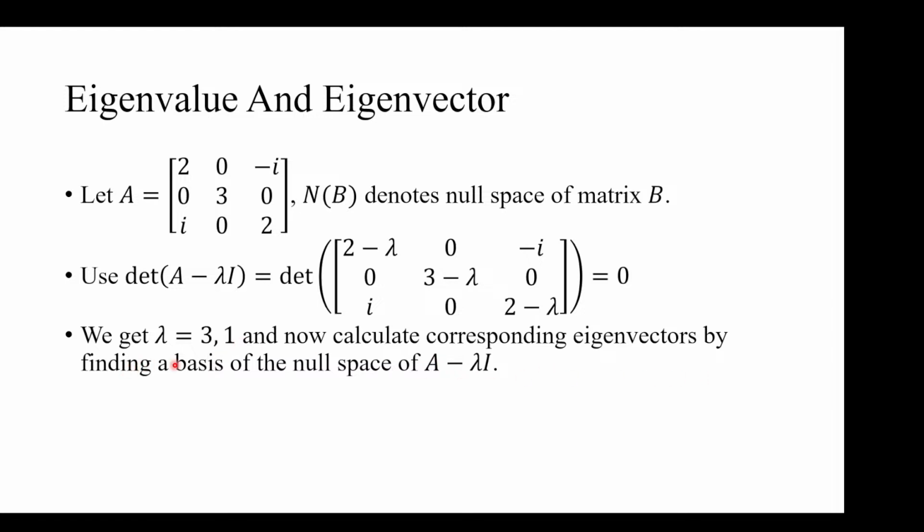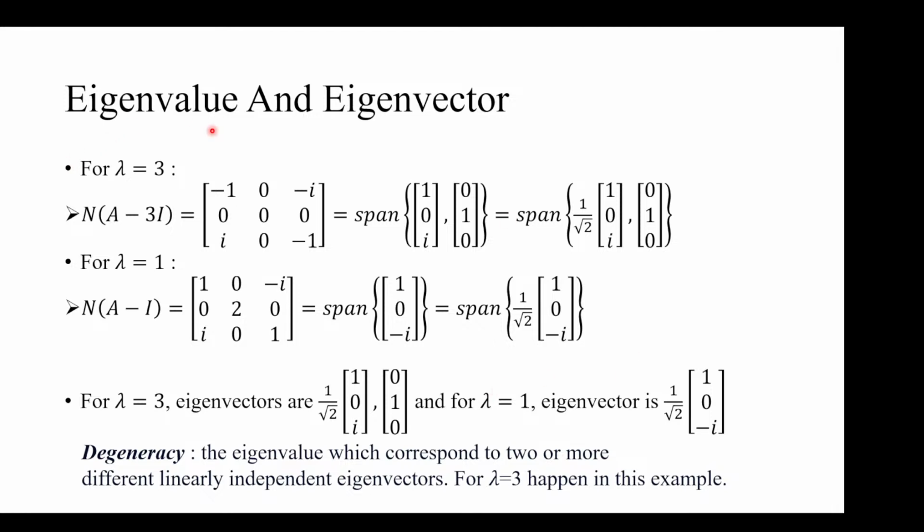For lambda equals 3, you want to find the null space of A minus 3 times the identity, and that's the null space of this matrix with -1, i, -1.